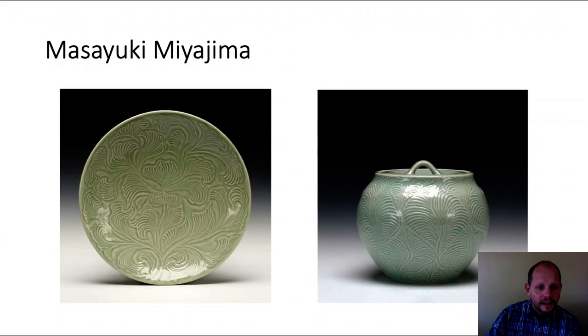You can see a lot of potters will use a porcelain or a white clay body, and then carve into it. And then the glaze, as it sits in the crevices, will present more of the color of the glaze, and then it breaks, revealing the clay body in the thin areas. So really beautiful glaze.